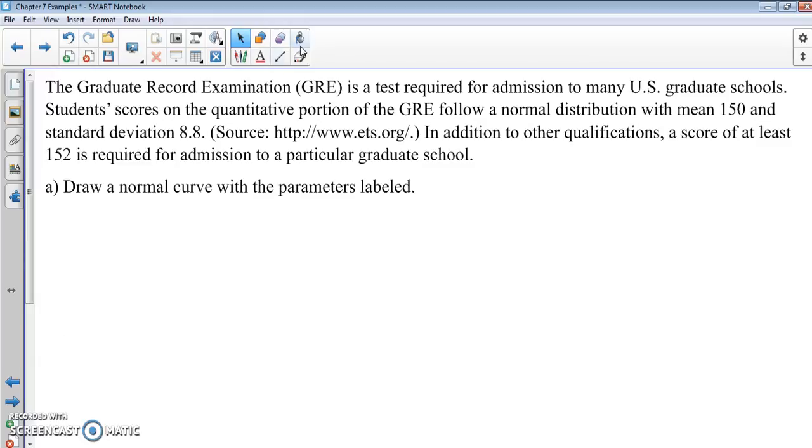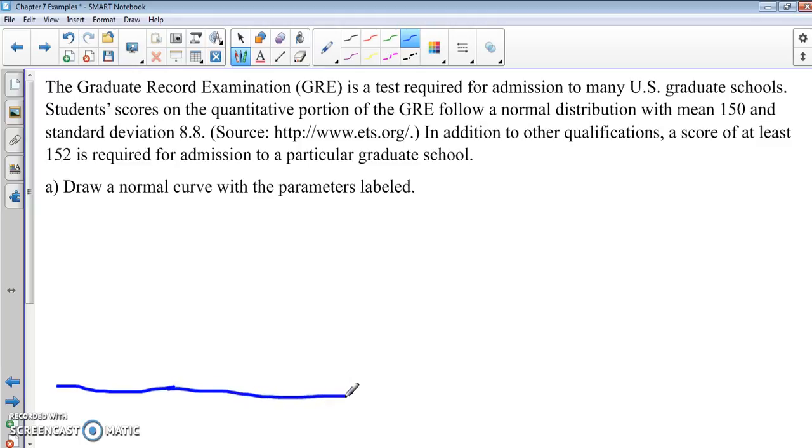So same thing we want to do here. We did in the last example, so we want to draw out our normal curve here.